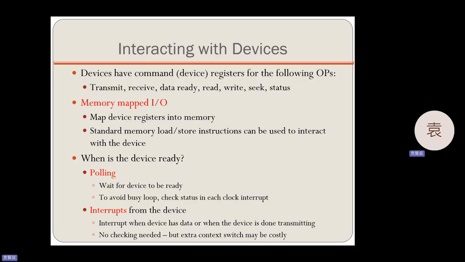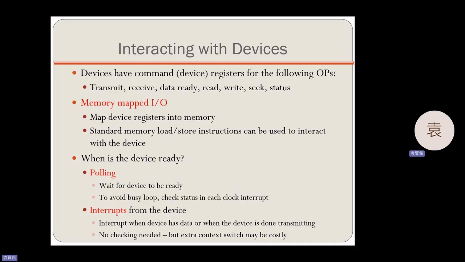So some devices, some processors or operating systems, use this mechanism. Because the device usually needs to be set up to make sure it's ready to do subsequent operations. And to check the device is ready, in general we have two ways.